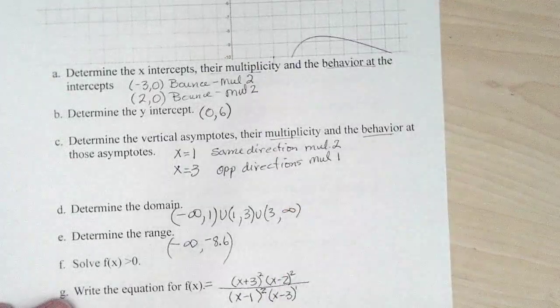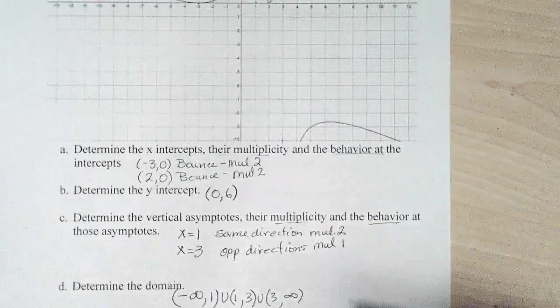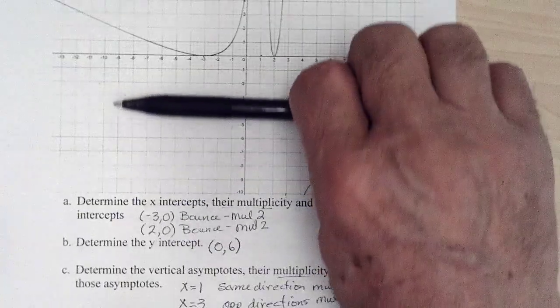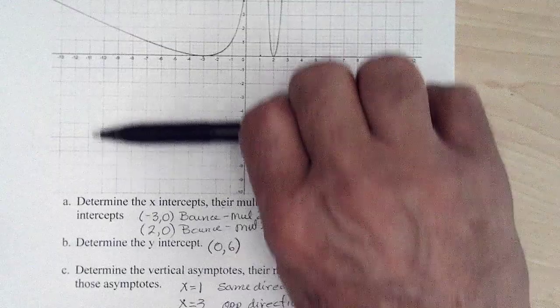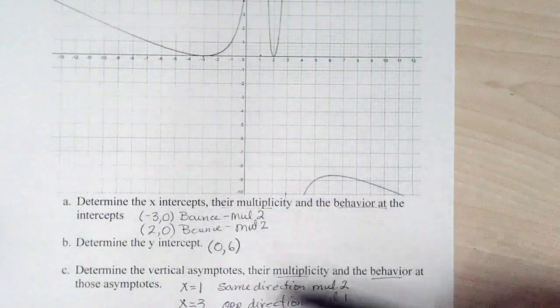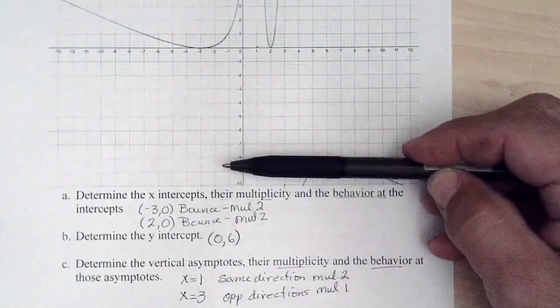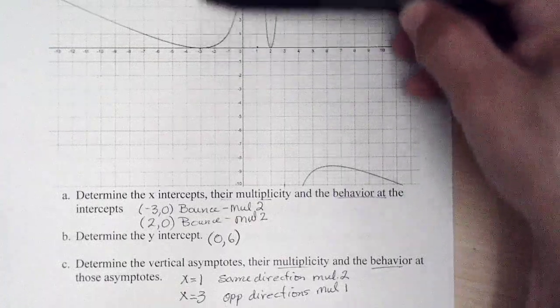So I've got all those values. And then going up further, again, you read left to right, negative to positive, for the range: negative infinity up to negative 8.6, and from 0 to infinity, there's graph.